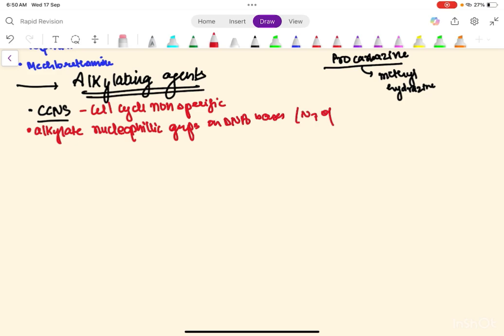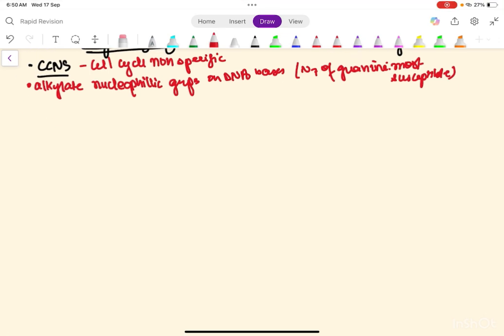Basically N7 of guanine is most susceptible. Alright, so now let's start. The first one is the nitrogen mustards. You remember the names, I hope, cyclophosphamide and so on.